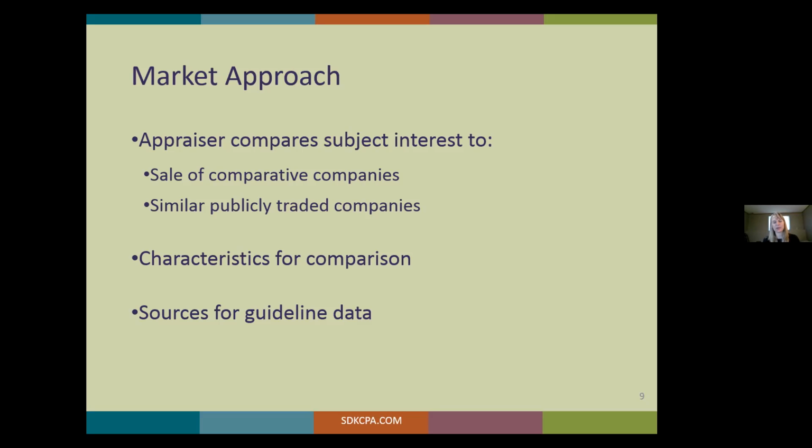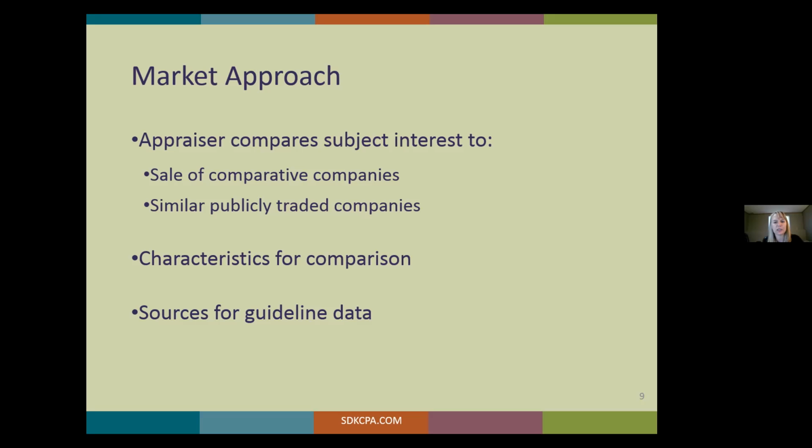So in looking at comparability, we typically look to make sure it's in the same industry. We also look at the size in terms of both revenue and or assets. And a general rule that we follow is you want to exclude anything that has revenue or assets that are 10 times greater or 10 times less than your company.